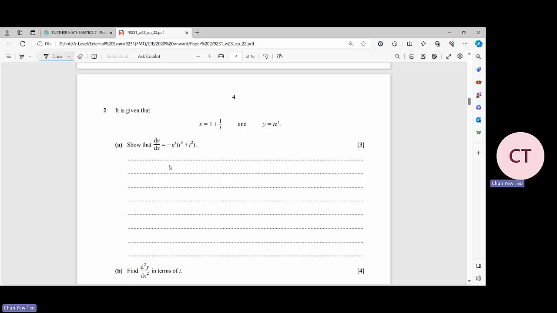Show that dy/dx equals this. What you need to do is to differentiate the parametric equations separately. dx/dt, you get this. dy/dt, keep the left, differentiate the right, plus keep the right, differentiate the left, and you will get e^t (t + 1).